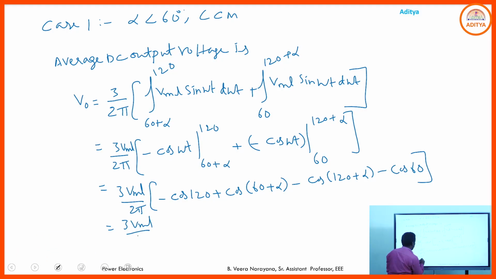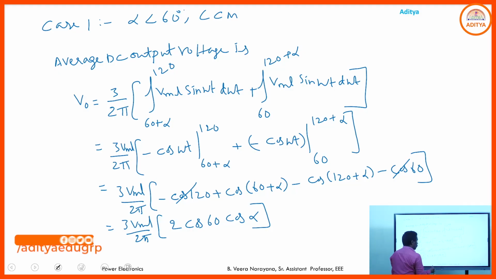Here minus cos 120 is sin 30, which is 1 by 2, and cos 60 is 1 by 2; these two cancel, and finally by simplifying, we get 2 cos 60 cos alpha. Cos 60 is 1 by 2.